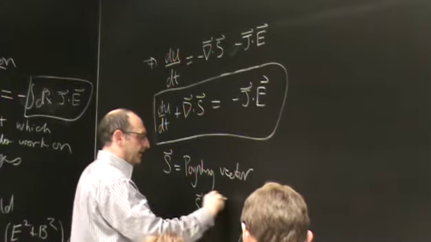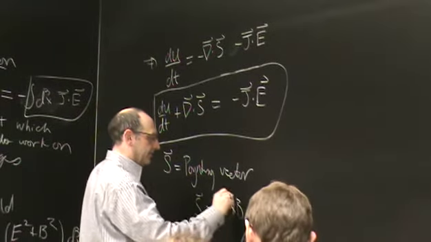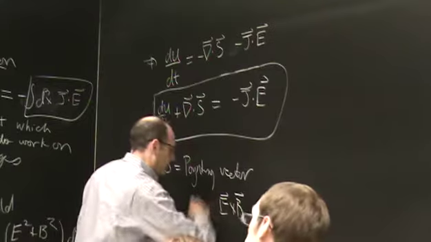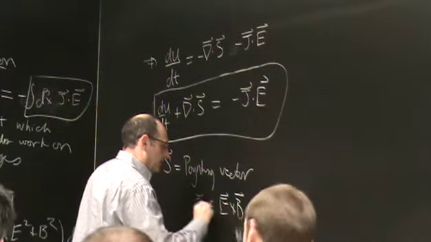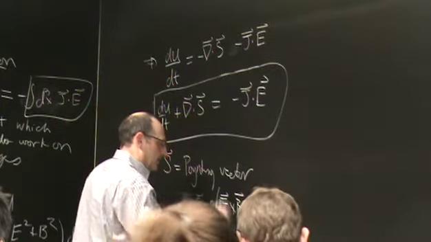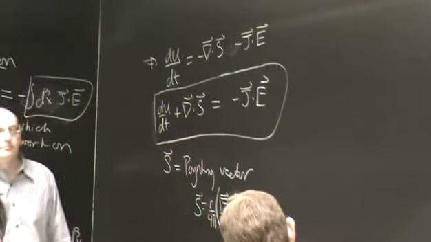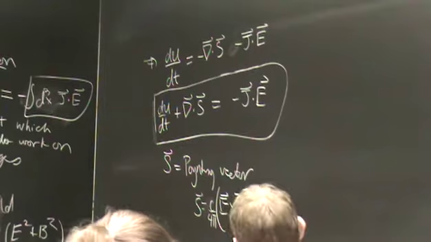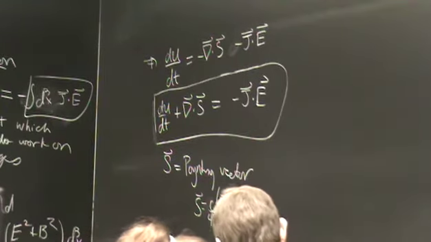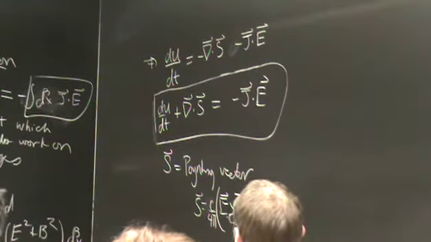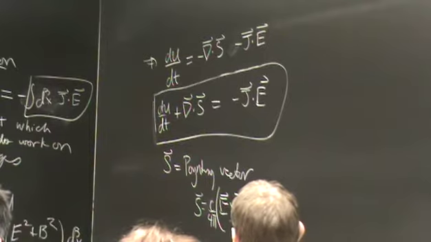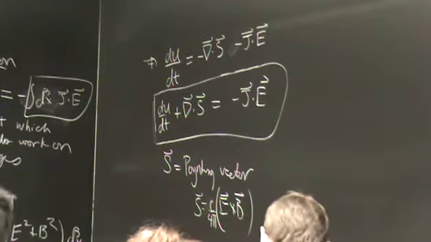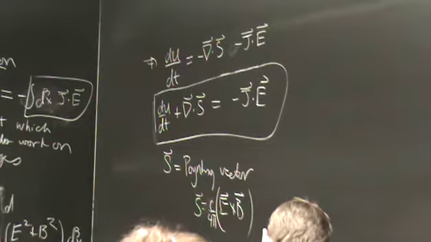S is equal to E cross B plus U times C. Okay? So, the Poynting vector represents the flux density of electromagnetic energy.